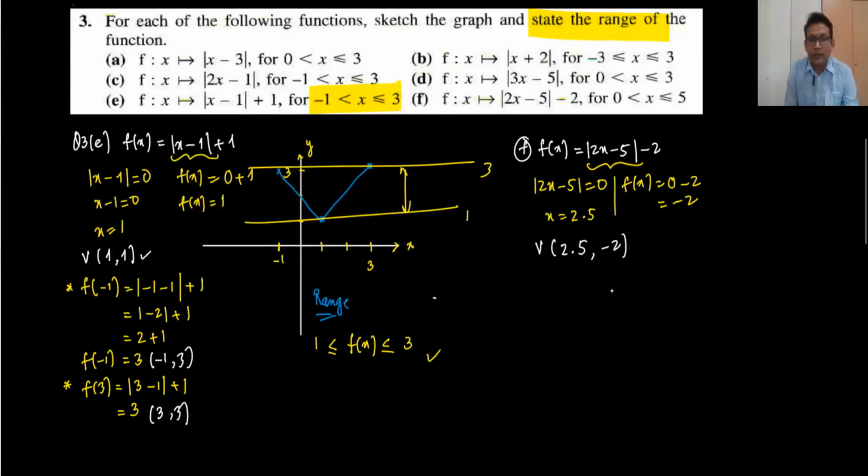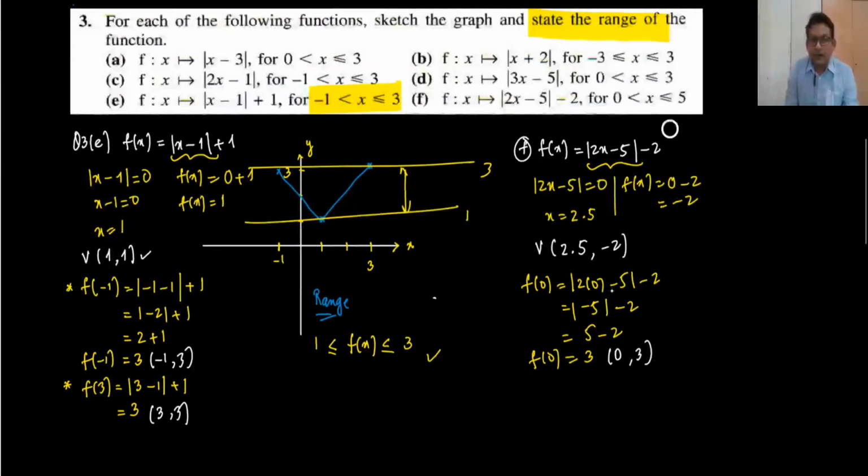Moving to the domain, first substitute 0 in the equation. 2 times 0 minus 5 in the modulus, then minus 2. Minus 5 becomes positive 5 because of the modulus, and minus 2 is coming 3. So the coordinate is 0 comma 3.